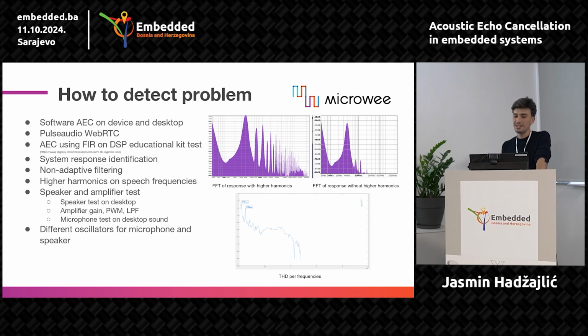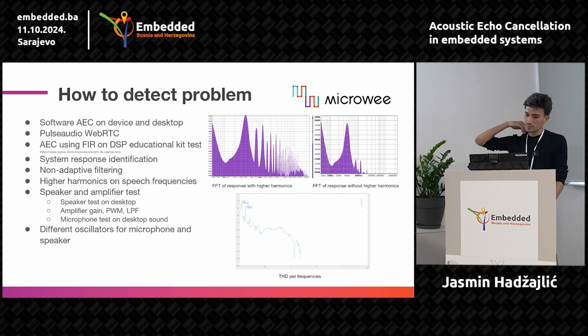Then we disassembled the device and saw that we are using a speaker with 2 watt power, and we are using an amplifier with 3 watt, which is not good. And besides that, the amplifier was configured to use more than 3 watt power. So we were driving the speaker with more power than its nominal power, and because of that we got higher harmonics.